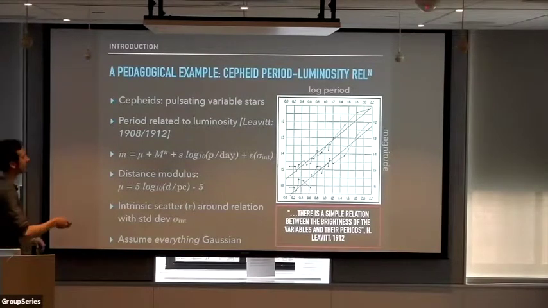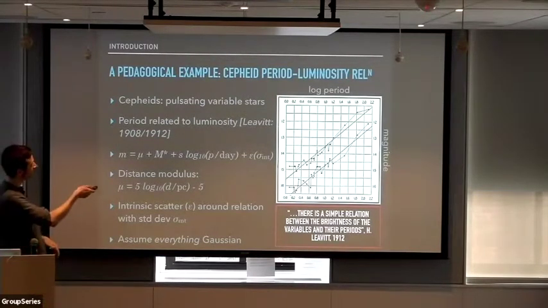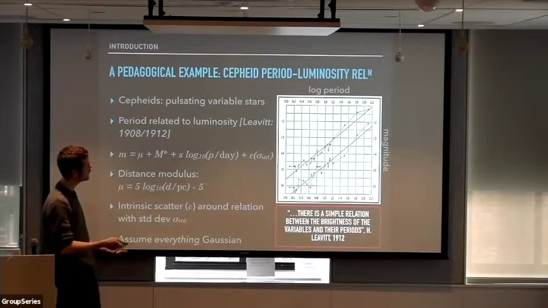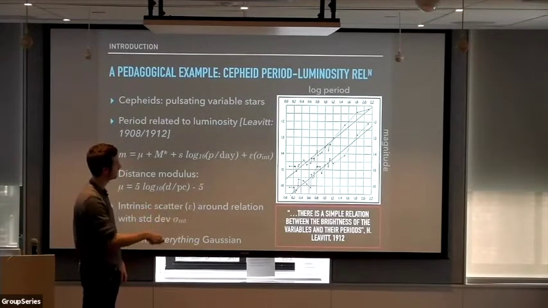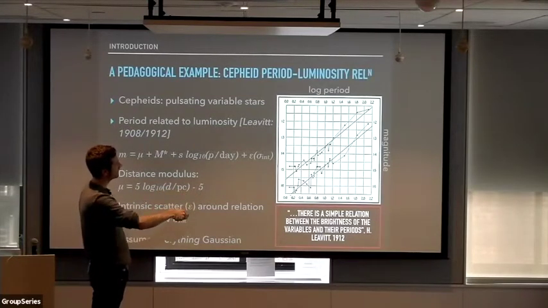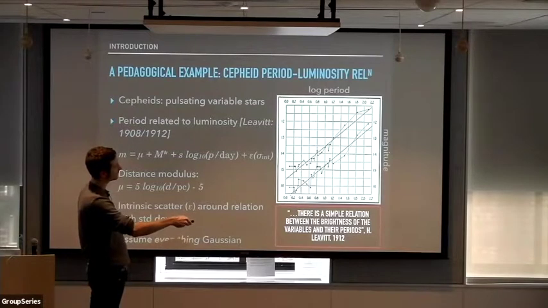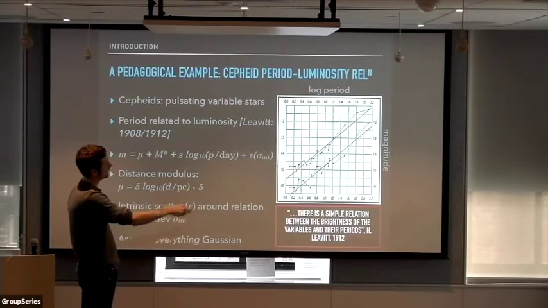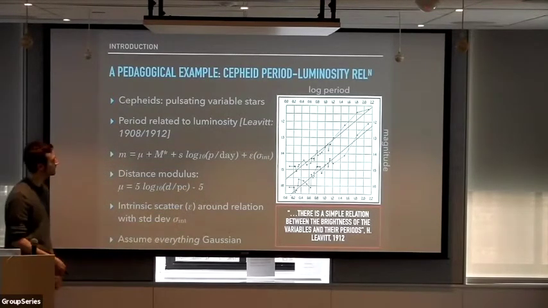People call it the period luminosity relation, or the Leavitt law. This is Henrietta Leavitt's plot from over 100 years ago, showing that if you plot the log period of these objects against their magnitude, the maximum magnitude versus the minimum, you see this super clear relation, which is pretty cool.